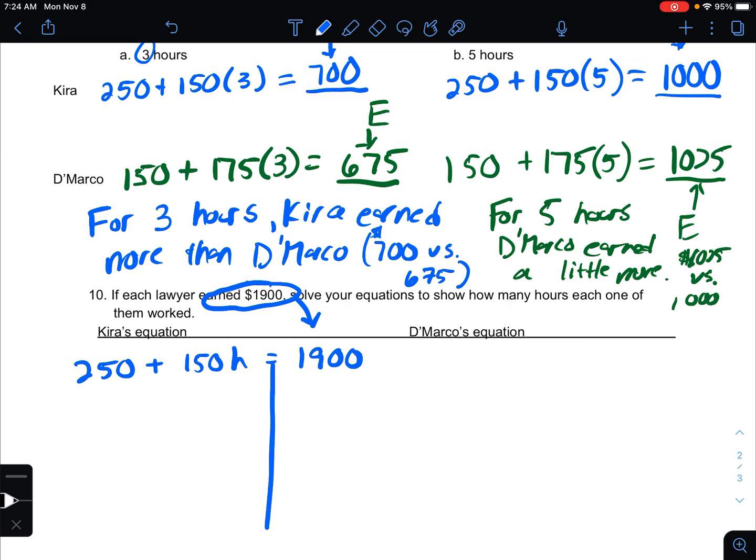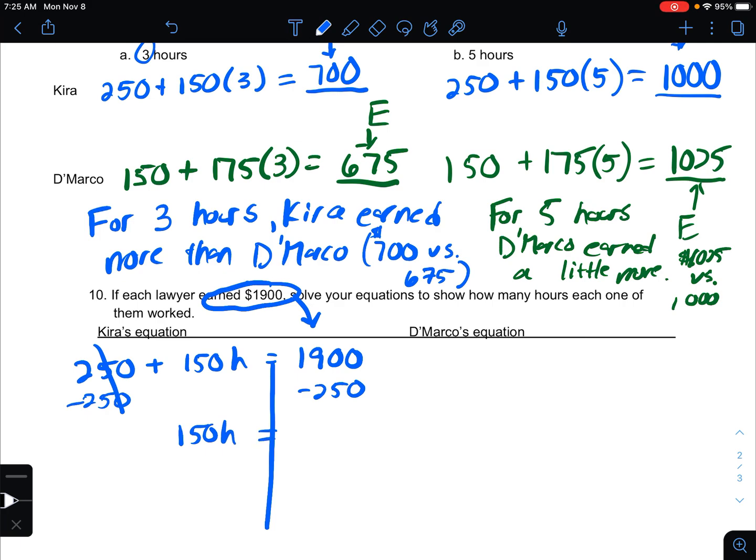All right, so let's find out how many hours that represents. So now we have to go through our solving steps like we did in the first page. Remember, usually the first step in a two-step equation is to undo any addition or subtraction. And we're going to undo the number that is on the same side of the equation as the H, working our way back to the H. So we will undo that 250. It's a positive by subtracting 250 from both sides.